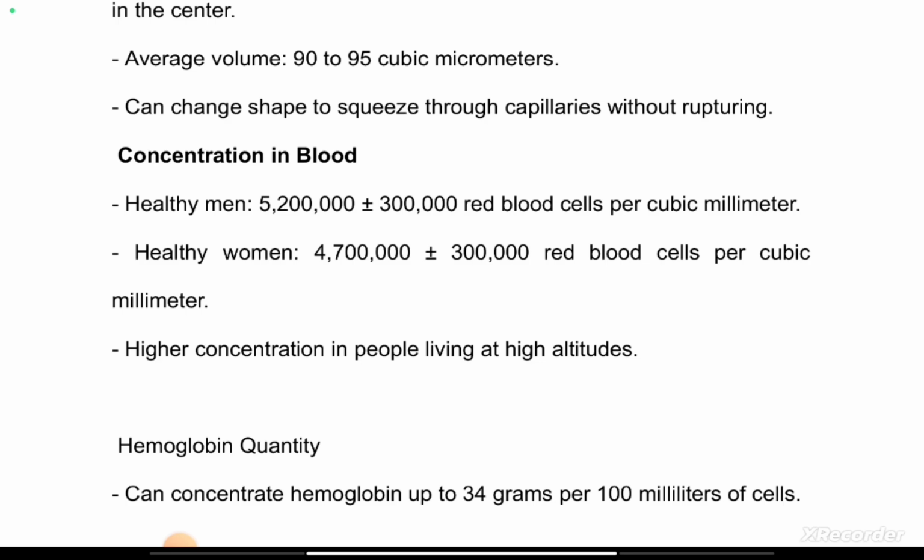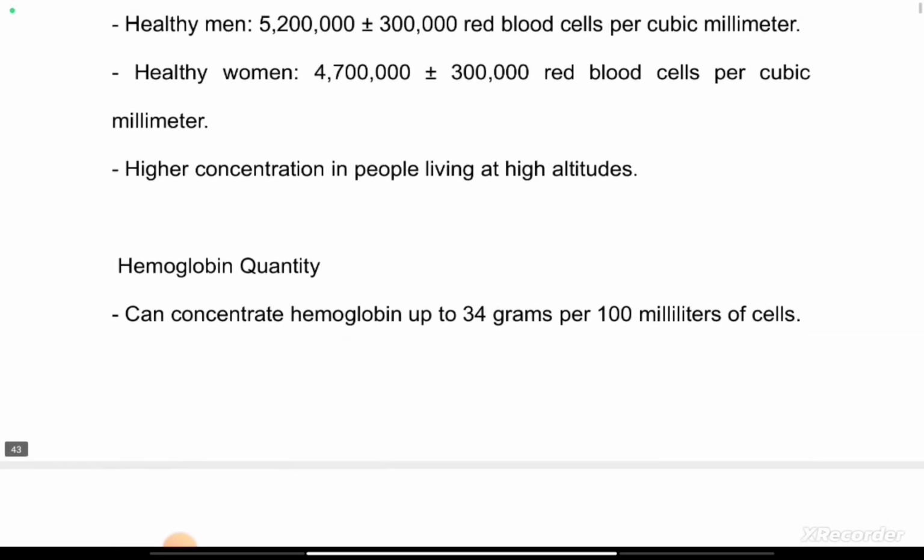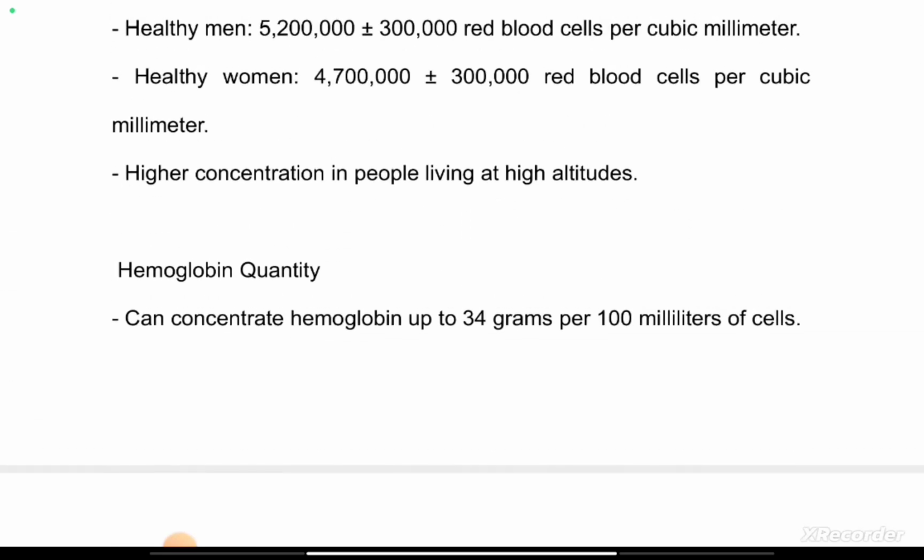So when you do the calculation, for the men you are going to have about 4.9 million to 5.5 million, while for the females you are going to have 4.4 million to 5 million. And I told us variation exists in terms of concentration, shape, and size. I'm not going to go back to that.